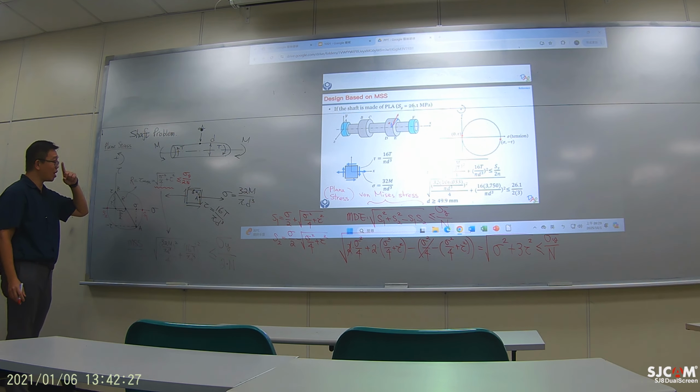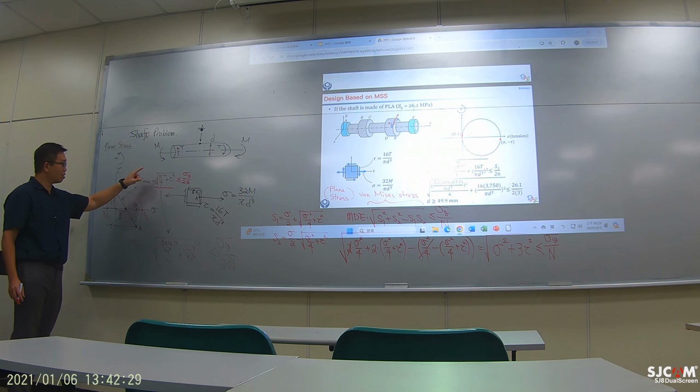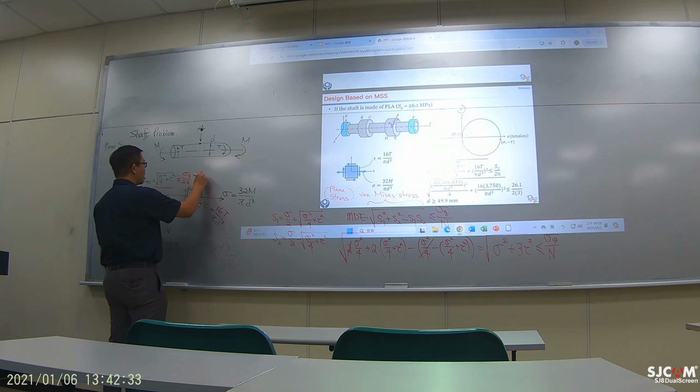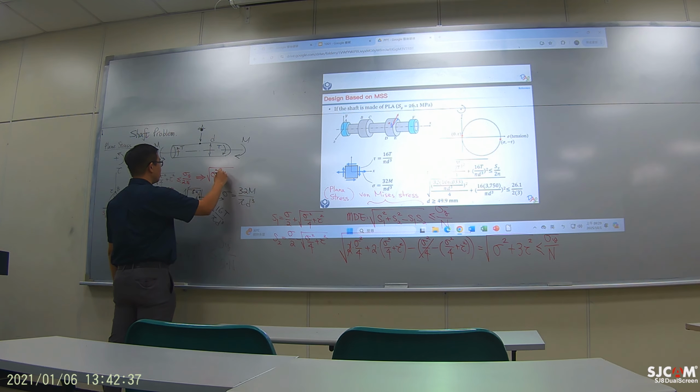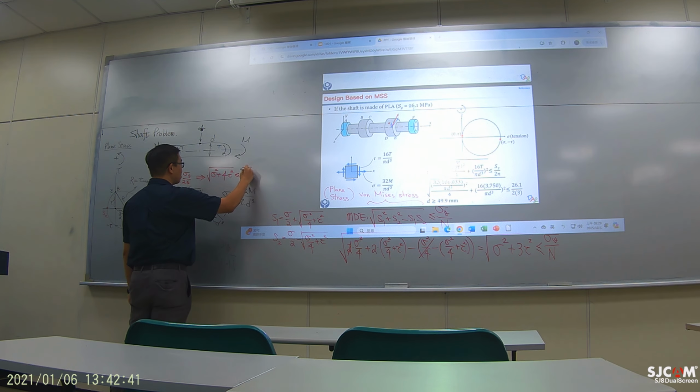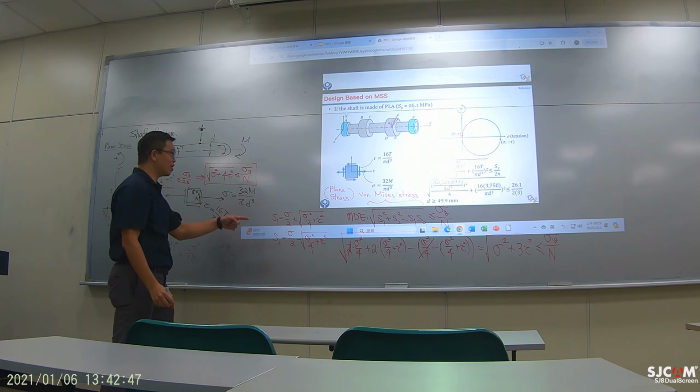If we multiply 2 on both sides, at the end you will have sigma squared plus 4 times tau squared smaller than sigma y over n. So did you see very similar terms here and there?